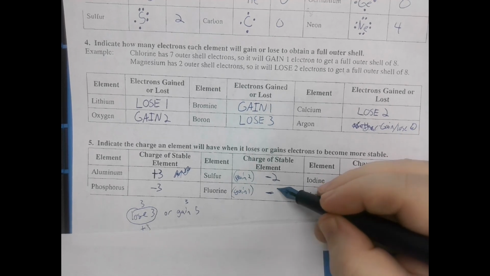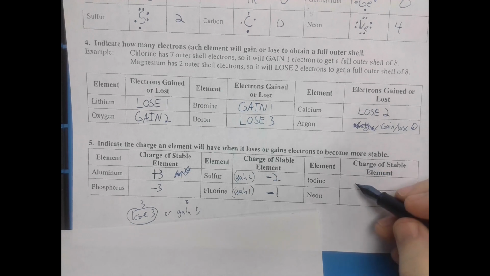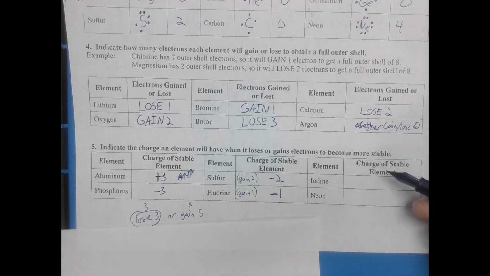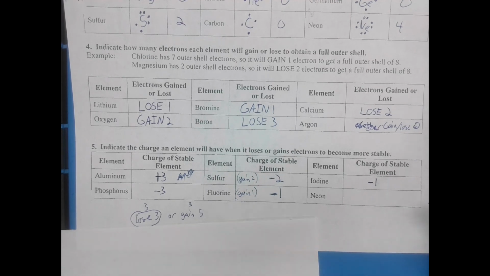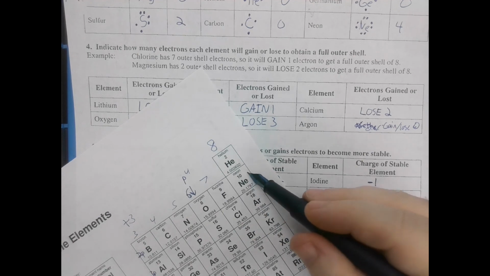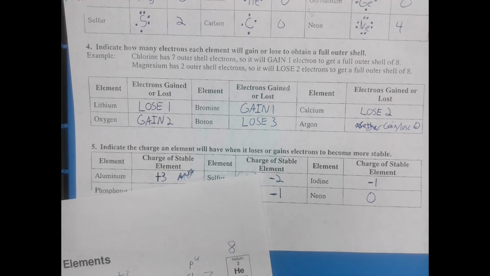So its charge is going to be -1. Same situation with iodine, it's 7, goes in the 7th column. So it wants to gain 1, charge -1. Neon is going to be 0. Neon is already stable. It already has 8 valence electrons, so it doesn't produce ions.